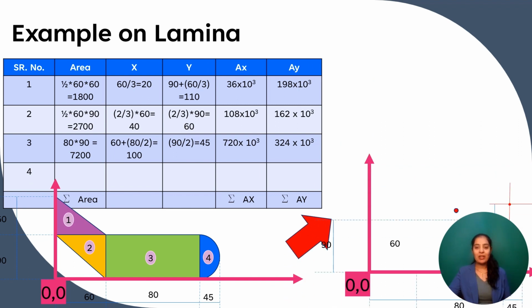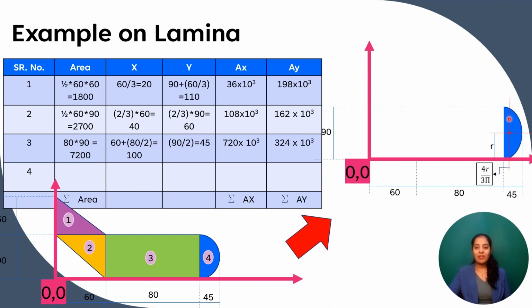First, separate out. So this is the semicircular figure. So what is the area of the semicircle? So it is pi by 2 into r square. Here the radius is 45 units. So pi by 2 into 45 square.